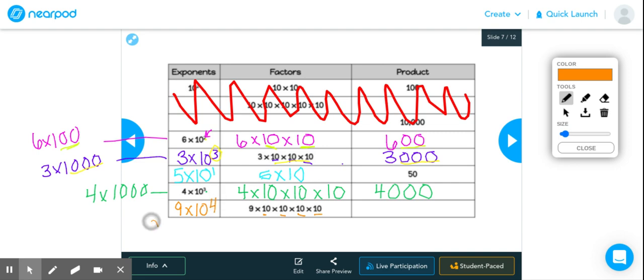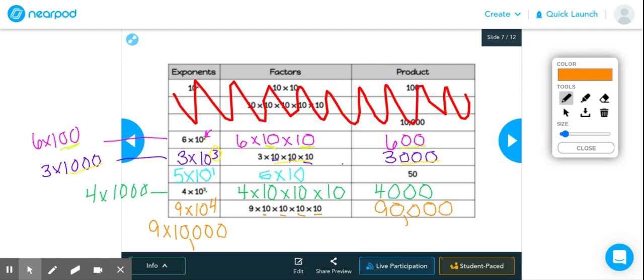This is the same thing as saying 9 times 10,000. Again, which is the same thing as doing a 9 and then putting those 4 zeros on the end. 1, 2, 3, 4, for a final product of 90,000.